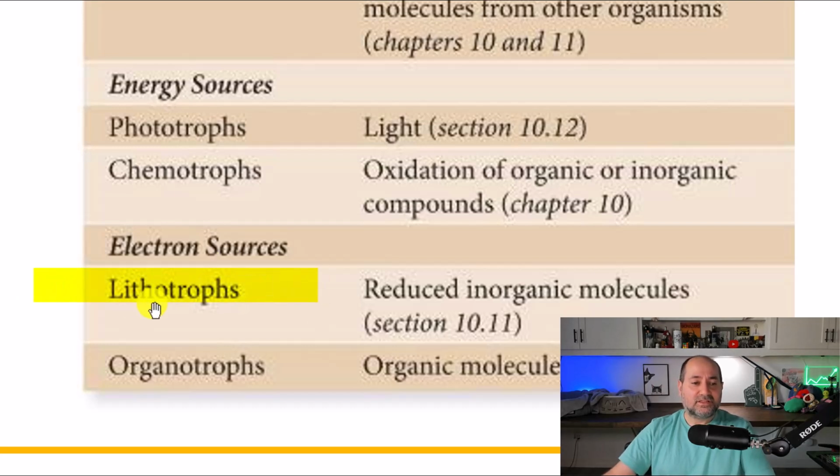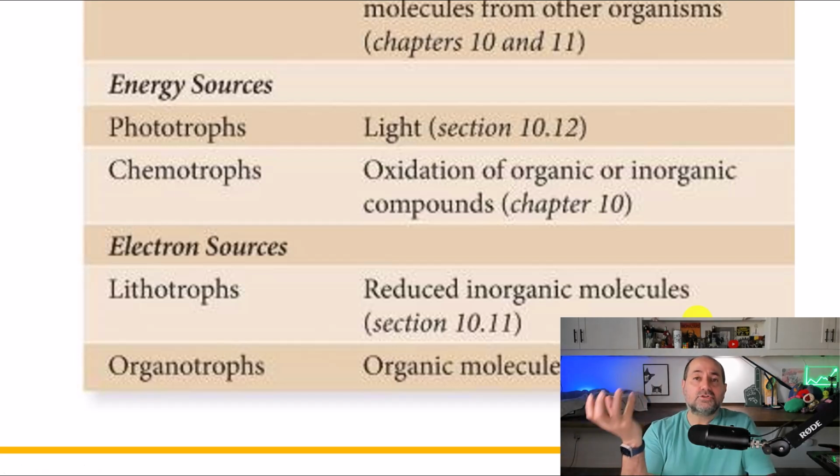And so lithotrophs are organisms that get most of their electrons from a reduced inorganic molecule, whereas organotrophs get their electrons from organic molecules. And so you and I, for instance, we eat sugar, which is an organic molecule, and fats, which are organic molecules, and we take those electrons from those molecules. Does that make sense?